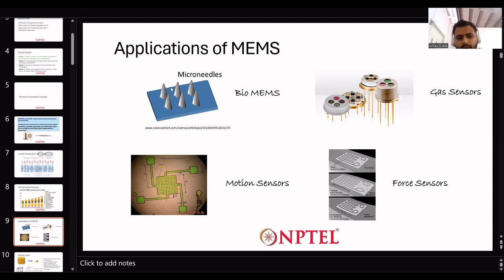You can just paste them over the person's skin, and they will dissolve themselves, or they might just puncture it in a painless manner and deliver all the drugs to the person without the person having to look at the needle or even having a pricking sensation from the needle, because it is very small. The thickness of microneedles will be around 300 micrometers, which is basically negligible for a person's skin.